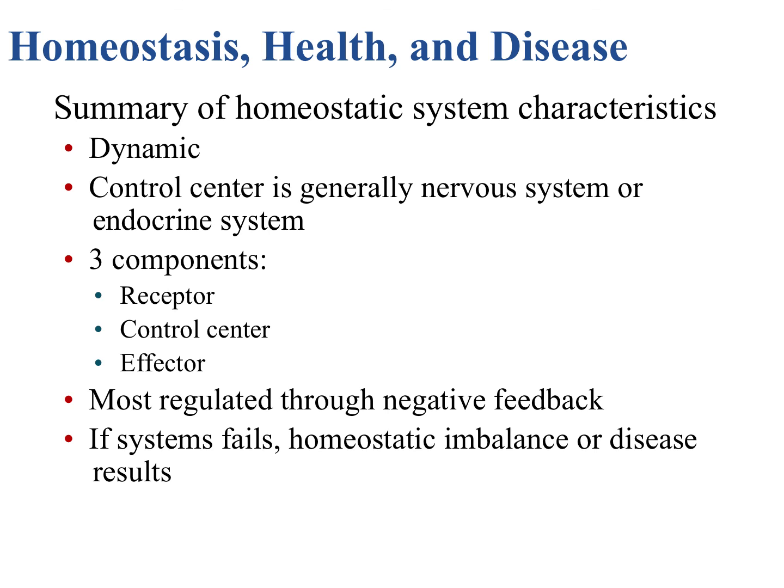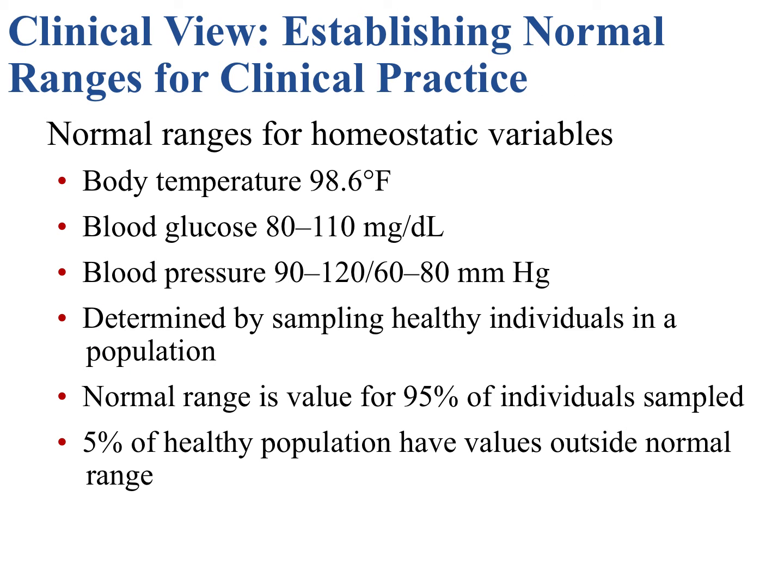For most of these, it's going to be the nervous system, the brain and the spinal cord. We talked about our components, right, and most through negative feedback. If these systems fail or are disrupted, it leads to problems. Okay? An example of that, or disease, is what we'll talk about in a minute.